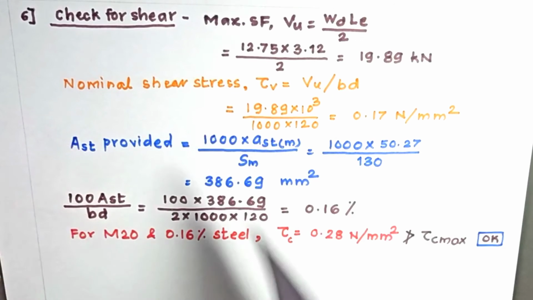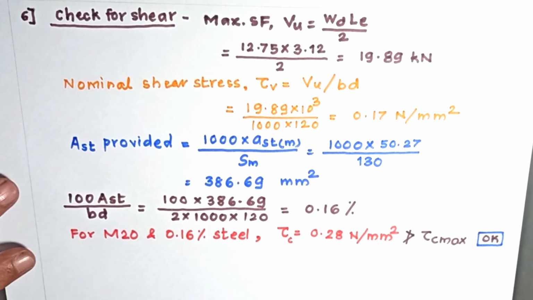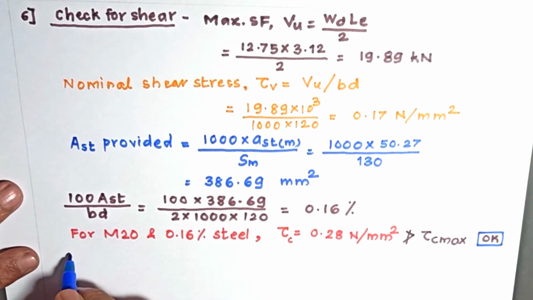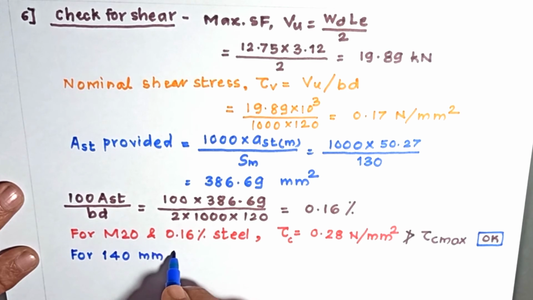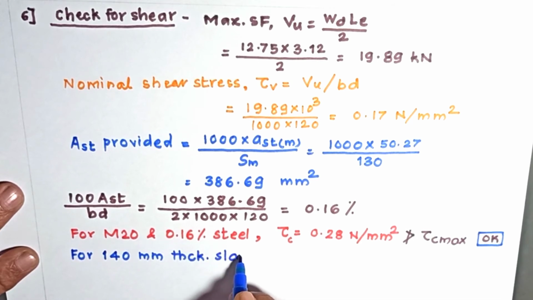Therefore, in this case, value of K is 1.3. Okay, so we will say that for 140 mm thick slab, K is equal to 1.3.